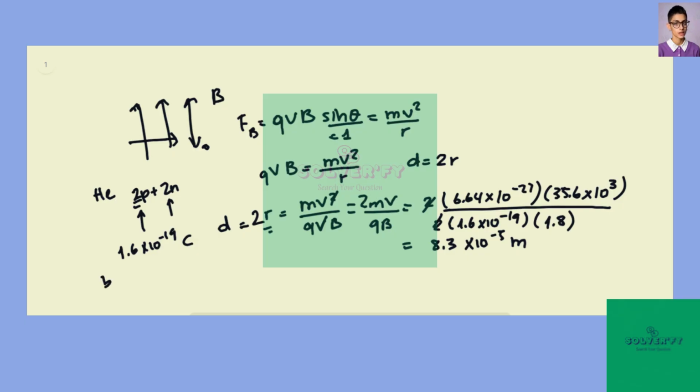So in part B, we are asked whether or not this magnetic force has any effect on the speed of the particle. No, it does not, because the magnetic force is always perpendicular to the velocity vector, and therefore F_B does not do work.